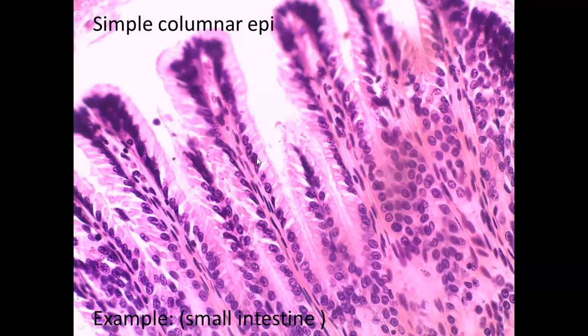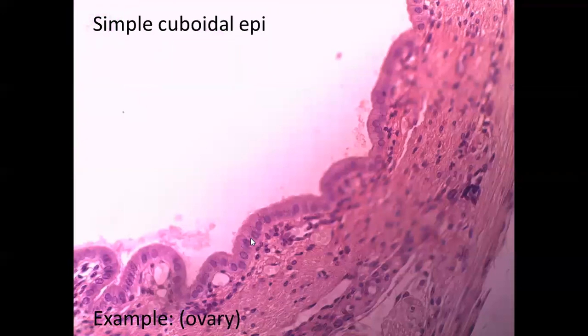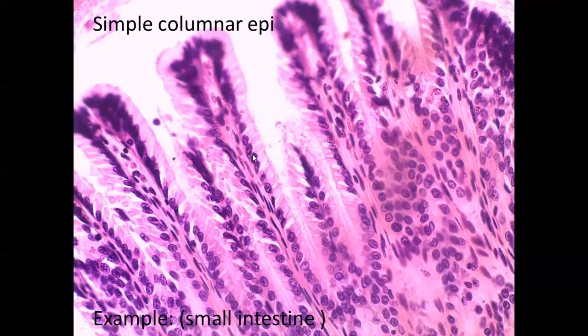If we compare this slide with the simple cuboidal, there the nuclei are centrally located and the shape of the cell is cubic or square, while in the columnar the cells are tall and the nuclei are oval, situated basally.